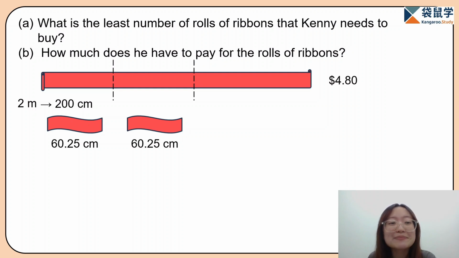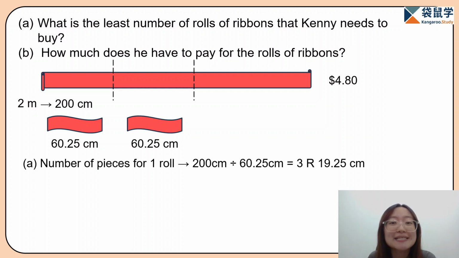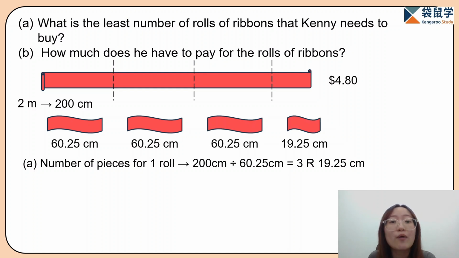We can find this by taking 200 divided by 60.25 to get 3 with a remainder of 19.25 centimeters. So now each roll of ribbon will have at most 3 pieces. So we have the third piece and a remainder of 19.25. Once again, the pieces must be cut whole.